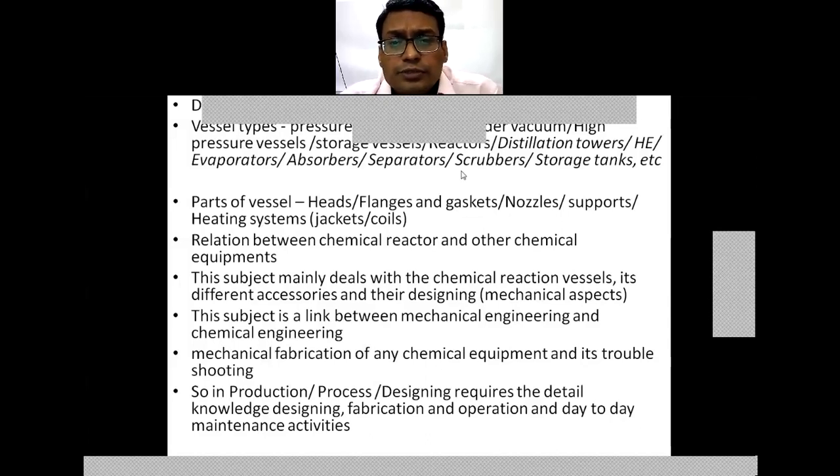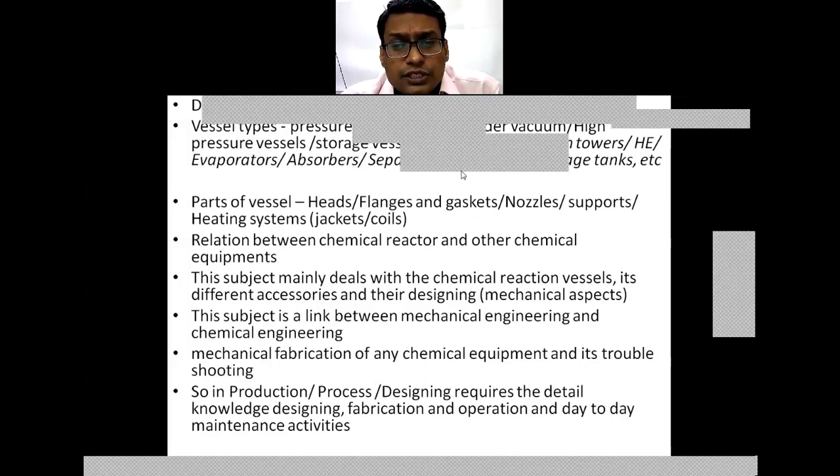Now, this subject of chemical equipment design is generally discussed in terms of a reactor. General considerations first, and then we discuss in detail the reactors, and that is also the simple reactor.